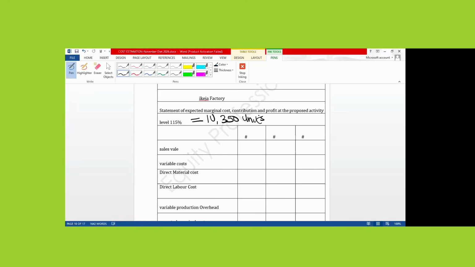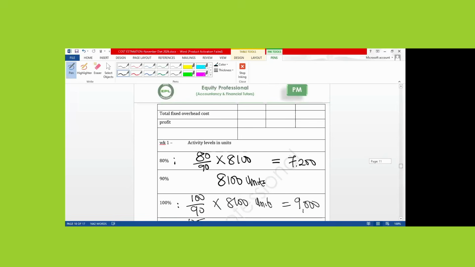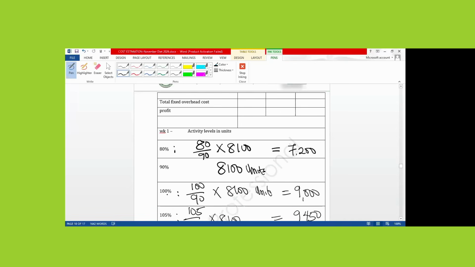We'll use both. All right, we are going to use both. Before you get to above 100%, you started from 1. Now you come and check here. For 100%, your output is 9,000 units.